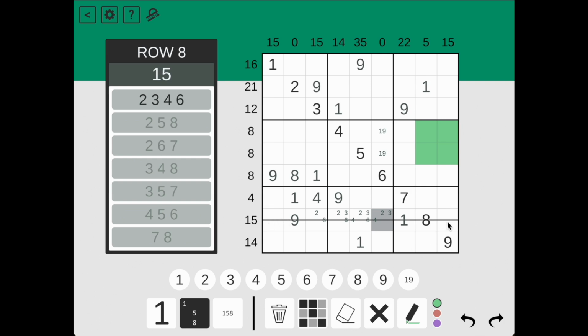And now let's look at the outsides here. Because in this row I have 1, 2, 3, 4. I don't have a 5, and then I have a 6, and I don't have a 7. Well, there's a 7 in this square, so this is the 5, and this is the 7.